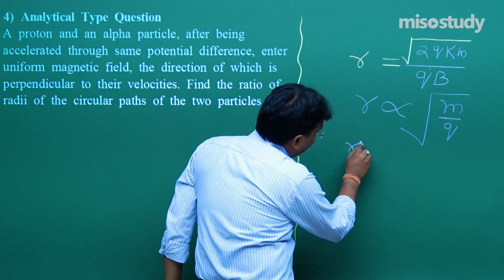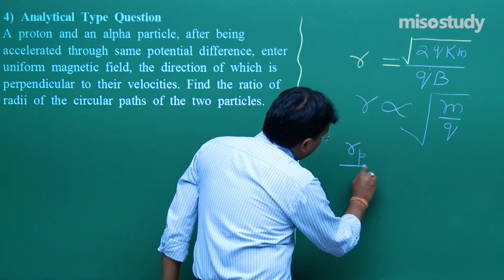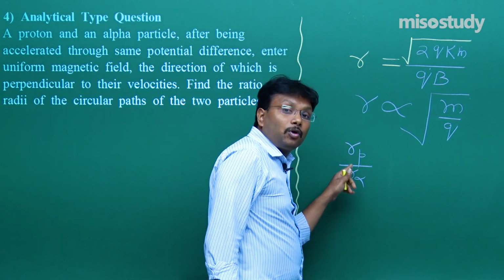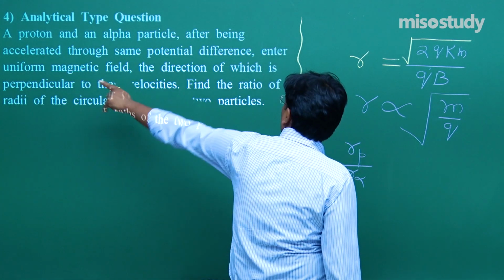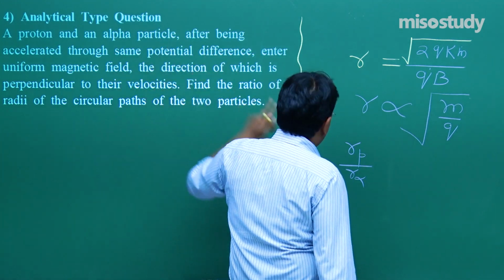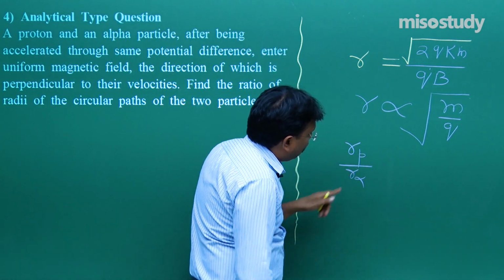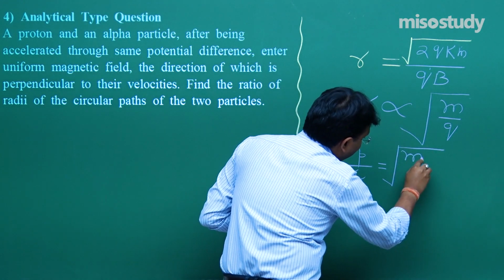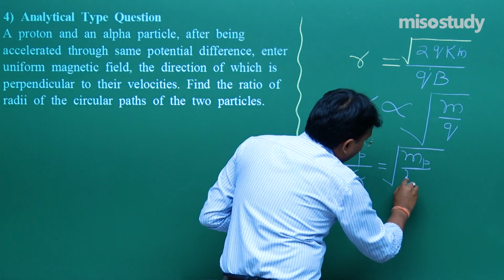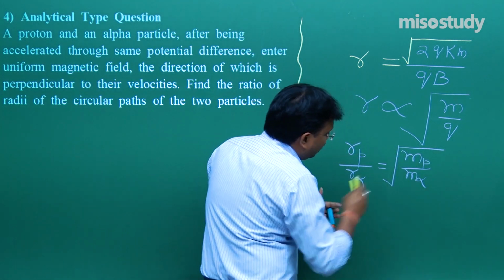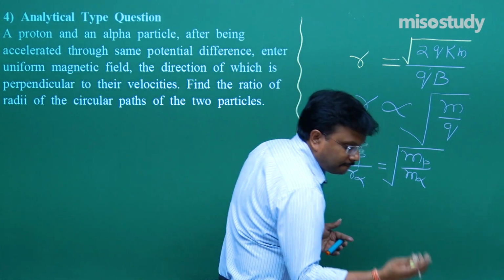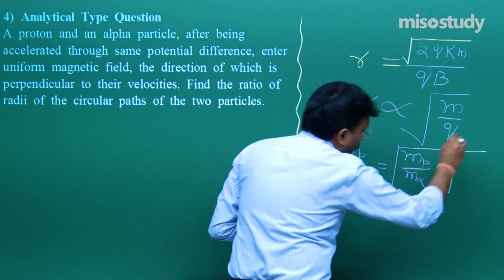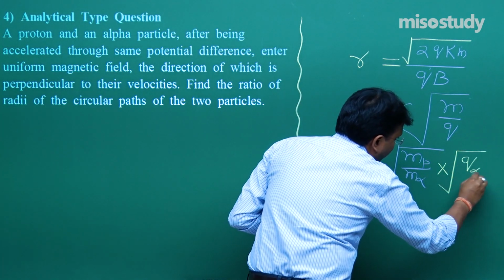Another thing is, if I directly write Rp upon R alpha, what is the meaning of Rp and R alpha? The radius of the proton's path and the radius of the alpha particle's path. So R of proton upon R of alpha is equal to the square root of mass of proton upon mass of alpha particle into Q alpha upon Qp.